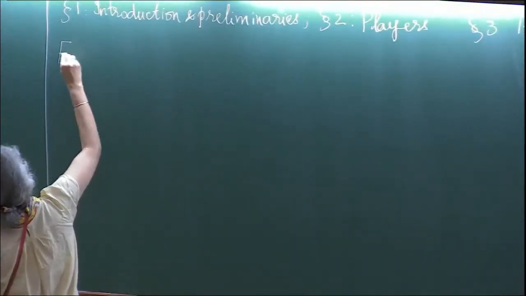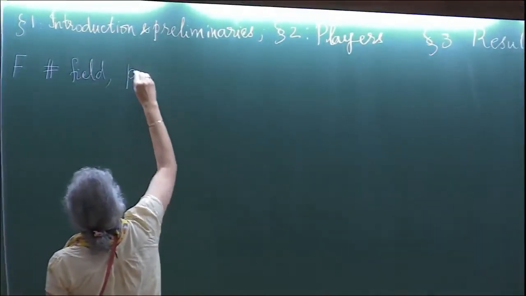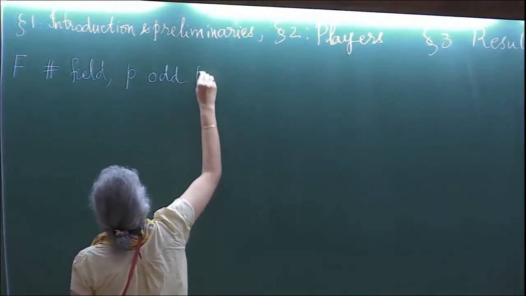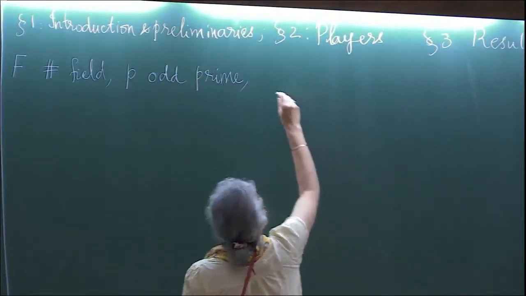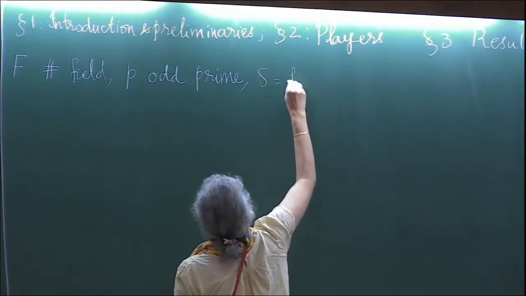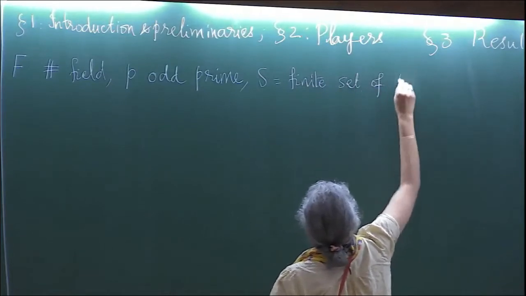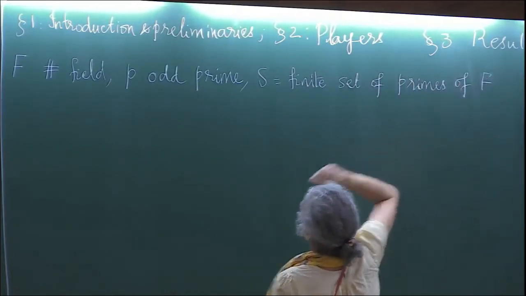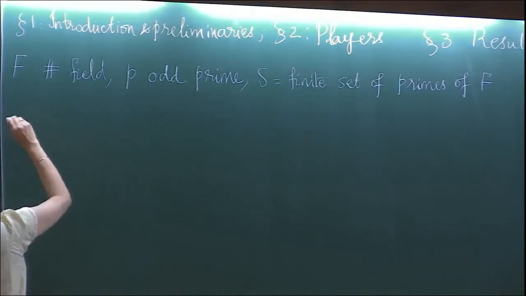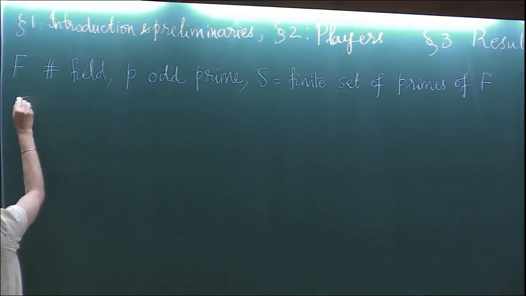So F will always be a number field. P will be an odd prime. And S is a finite set of primes of the number field that we are considering. I'll always insist that S contains 2 classes of primes.